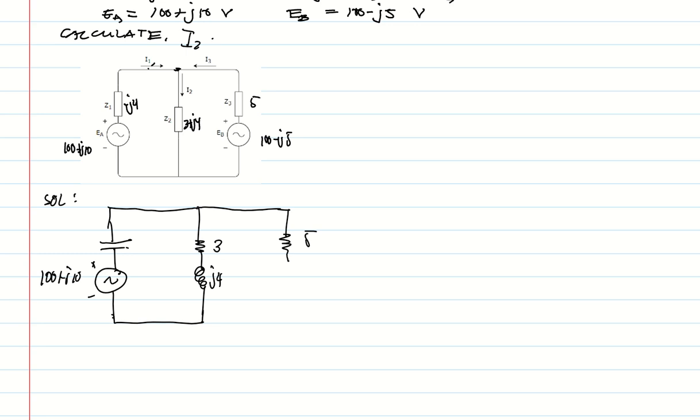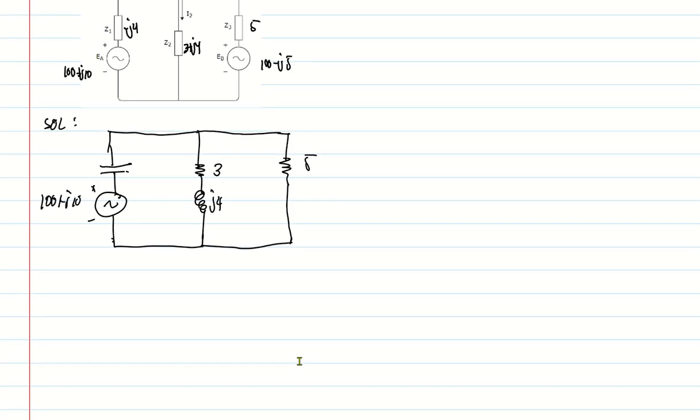But if it doesn't have or isn't given an internal impedance, just replace it with a short circuit. For an ammeter, what we do is the opposite, we make it an open circuit. For voltage sources, we replace them with a short circuit.